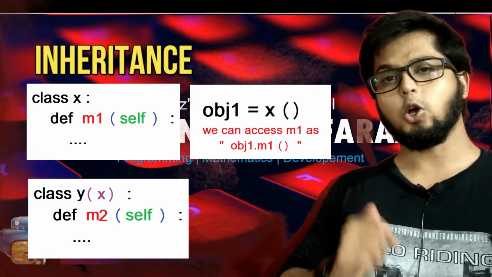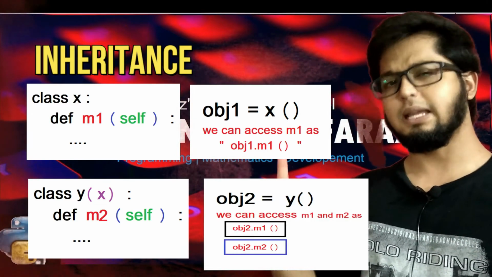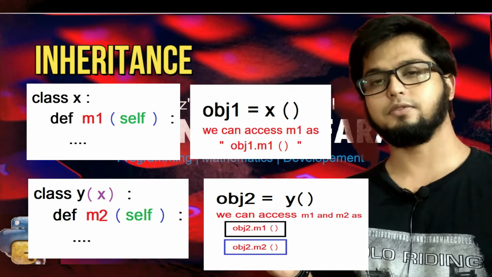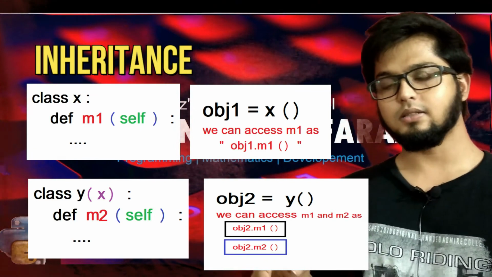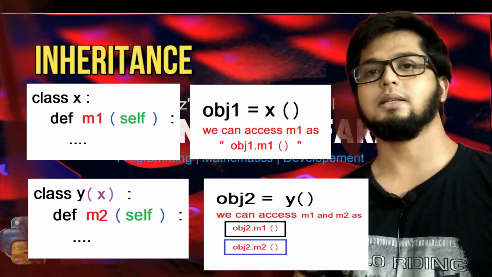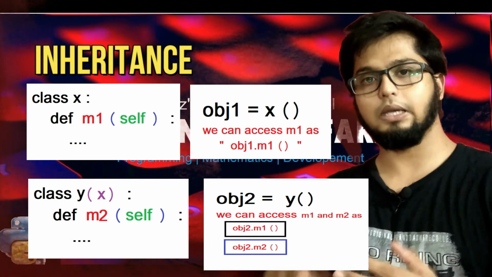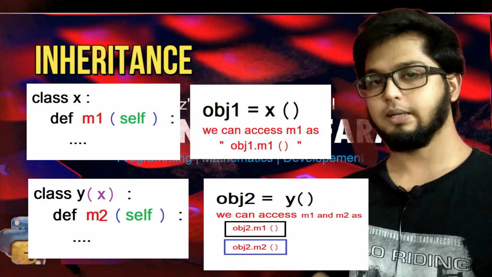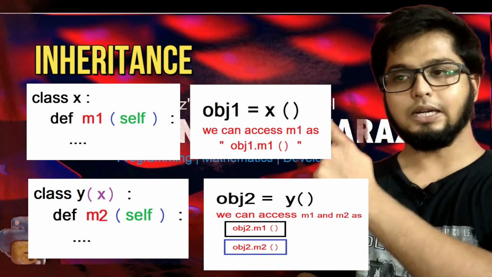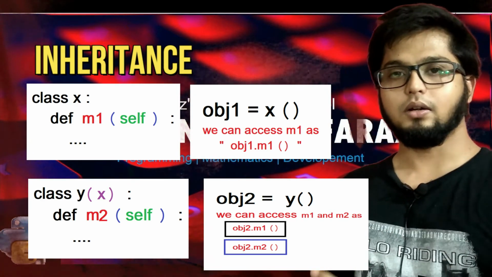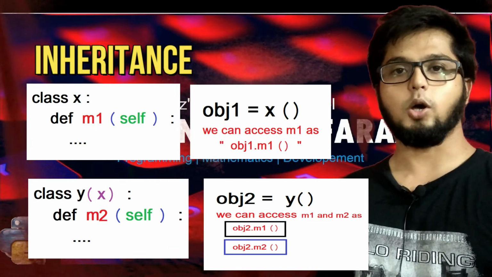But if I create an object for Y, I can access m2 and m1 as well. This explains that the child has accessibility to the parent's methods and data variables. By creating this relation, I can use that m1 method in my class Y or with the object of Y.